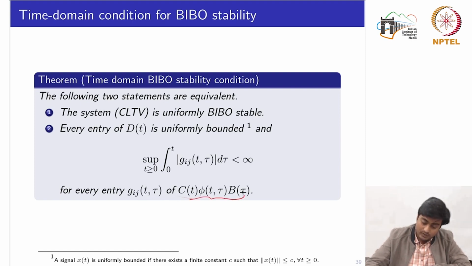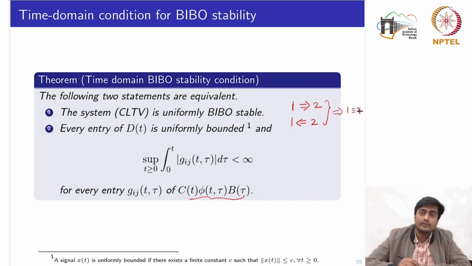Again we will see the proof in two parts. When we say that these two statements are equivalent, we actually want to show that 1 implies 2 and 1 is implied by 2. Once we have proved both ways of implication, it means that 1 is equivalent to 2, and this is what the key result speaks about.